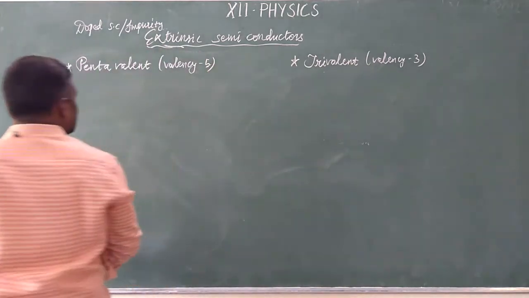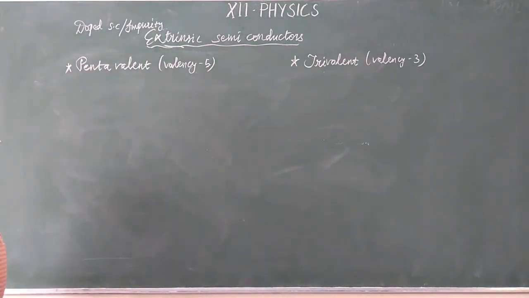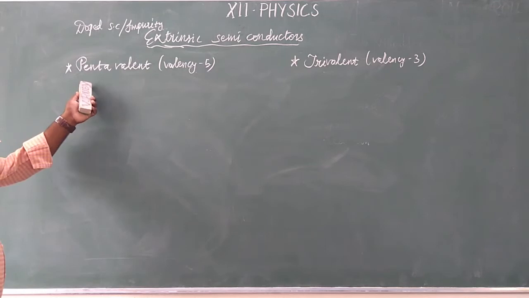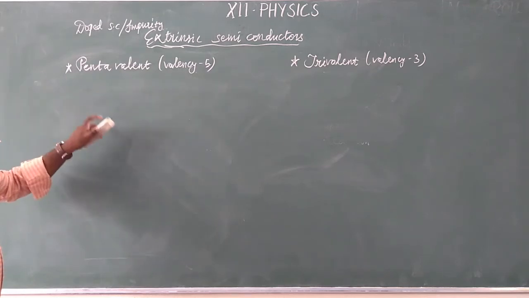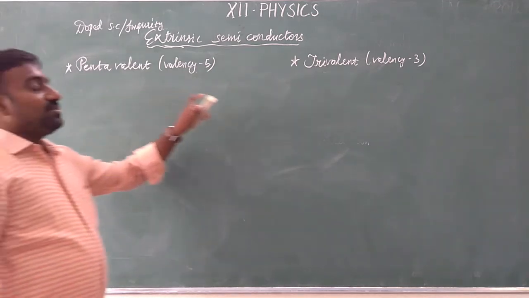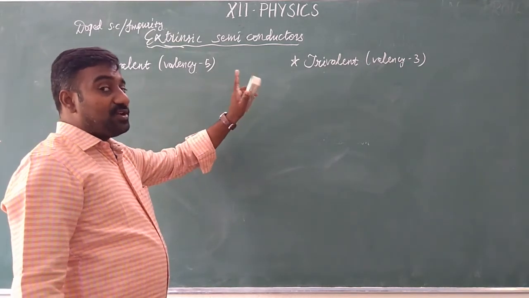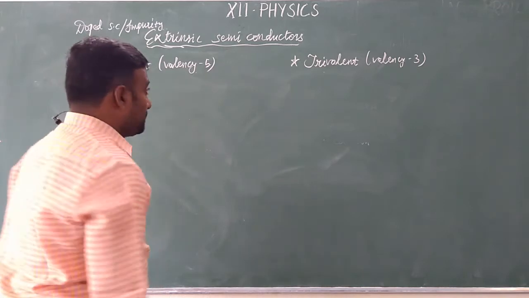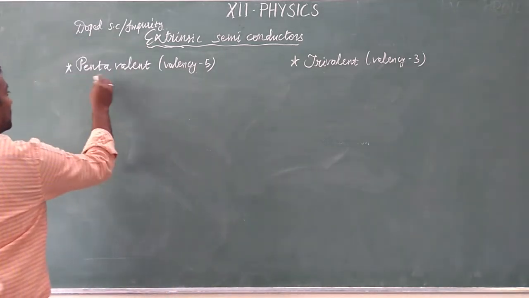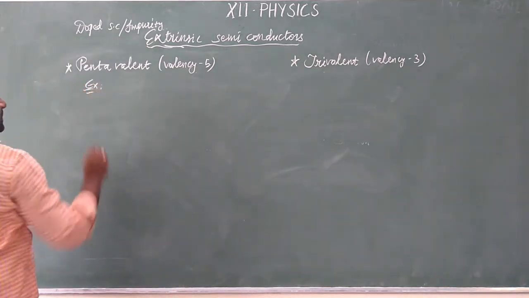So in a pure intrinsic semiconductor, if you add a pentavalent, that is called N type. If trivalent impurities are added to the intrinsic, that is called P type.